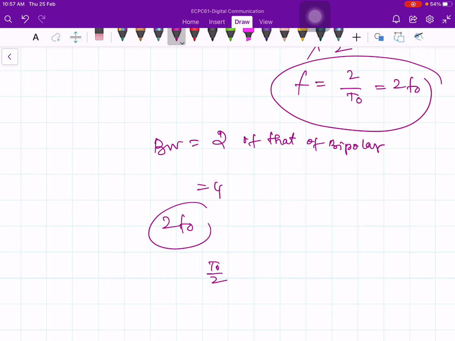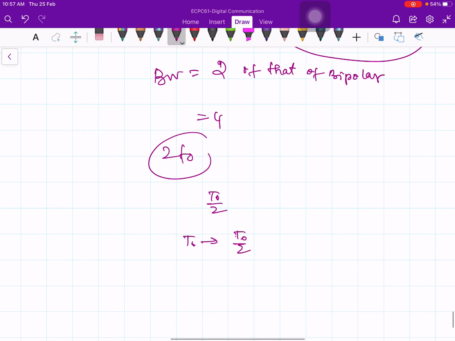So, your pulse is changing for every t0 by 2 seconds. Therefore, effectively as if your average rate of bit transitions has gone up from every t0 seconds to every t0 by 2 seconds. So, in t0 seconds your bandwidth is f naught, in t0 by 2 seconds your bandwidth is 2 f naught. Therefore, the bandwidth is doubled.